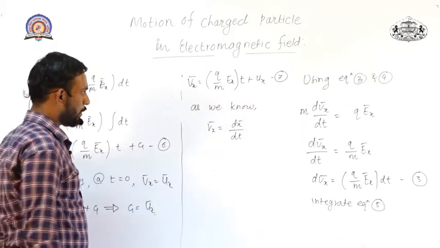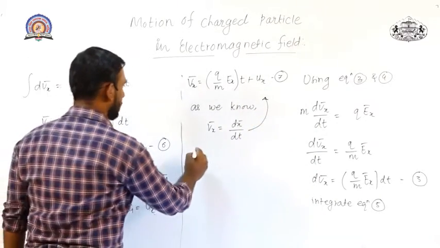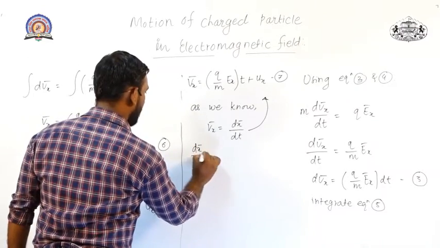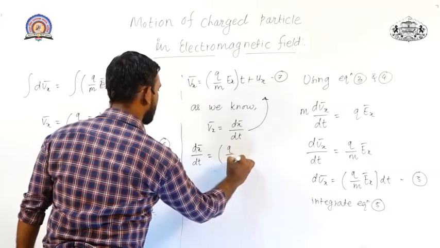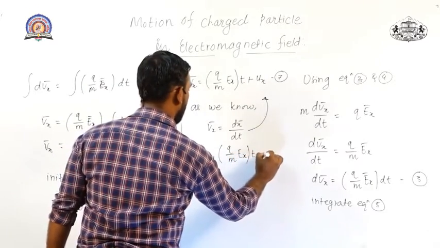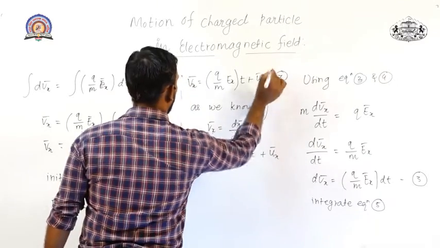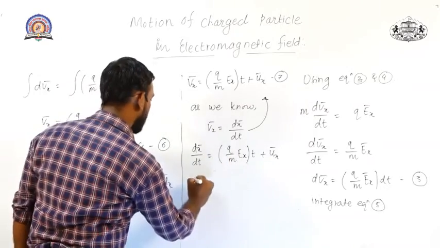If we resubstitute this value in this equation, what do we get? dx by dt is equal to the remaining term as it is, into t plus ux. Follow the same procedure.